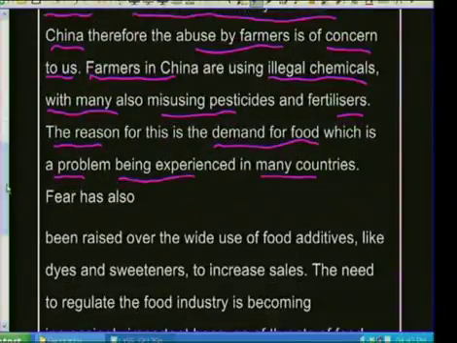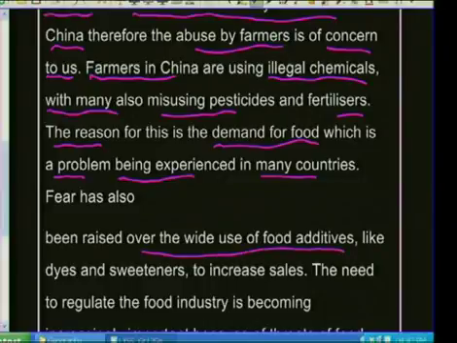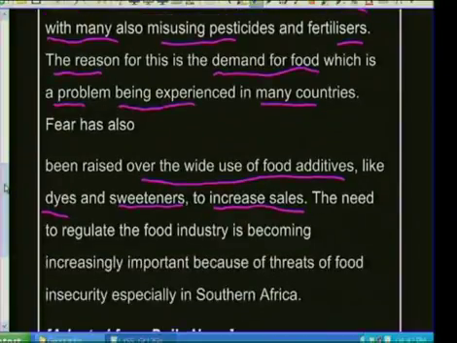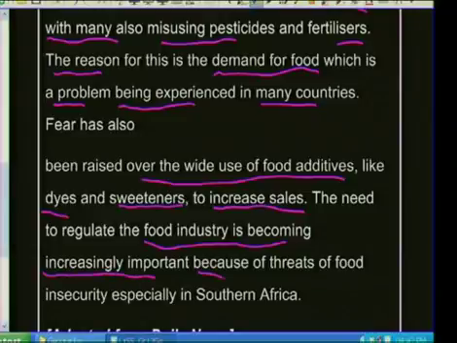Also, fear has been raised over the wide use of food additives like dyes and sweeteners to increase sales. The need to regulate the food industry is becoming increasingly important because of threats of food insecurity. Terminology, food insecurity. As you're reading this, what was food insecurity?